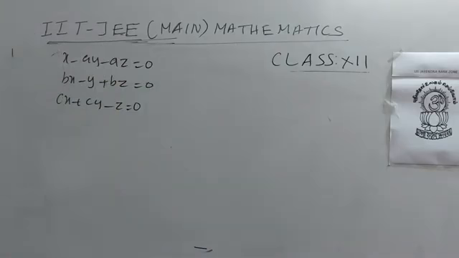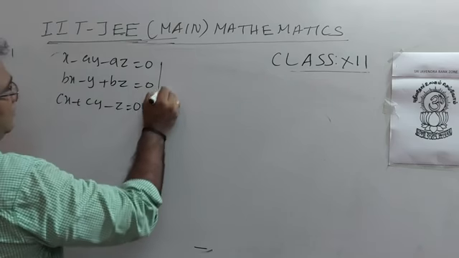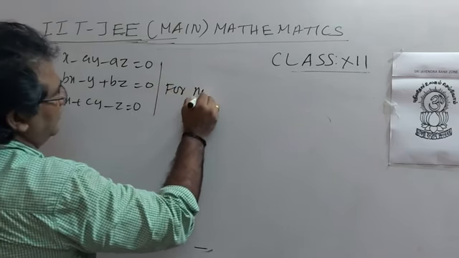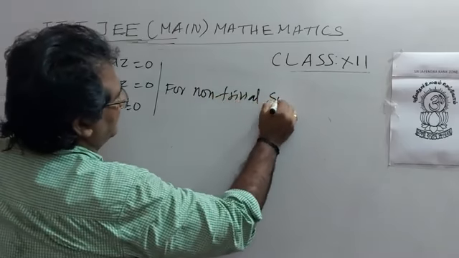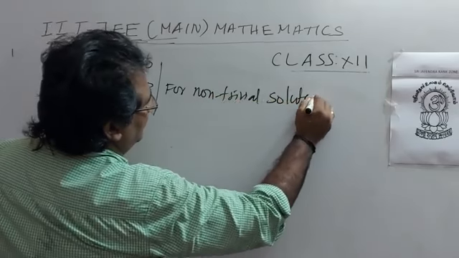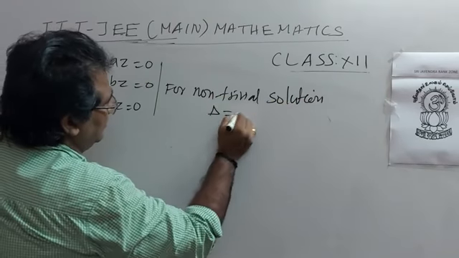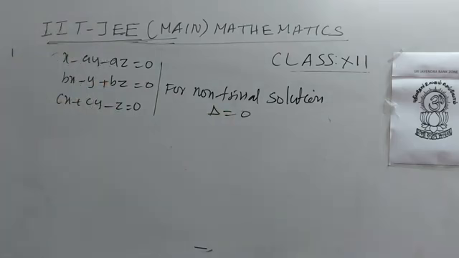It has a non-zero solution, that means a non-trivial solution, so for a non-trivial solution delta equals 0.